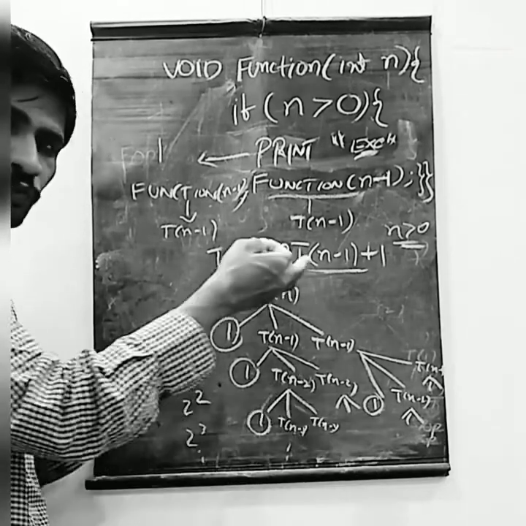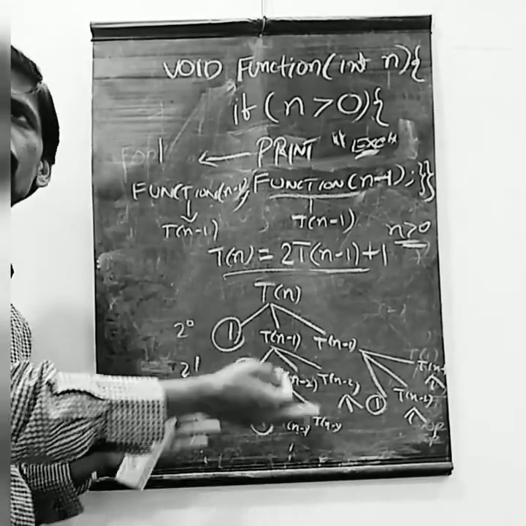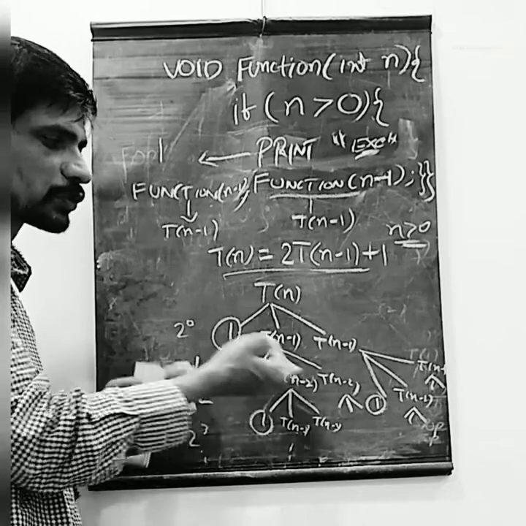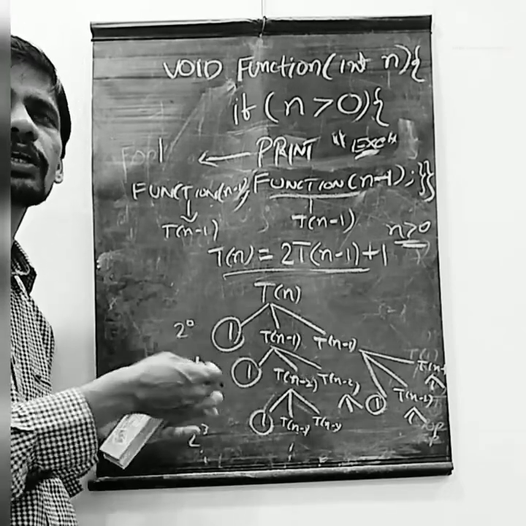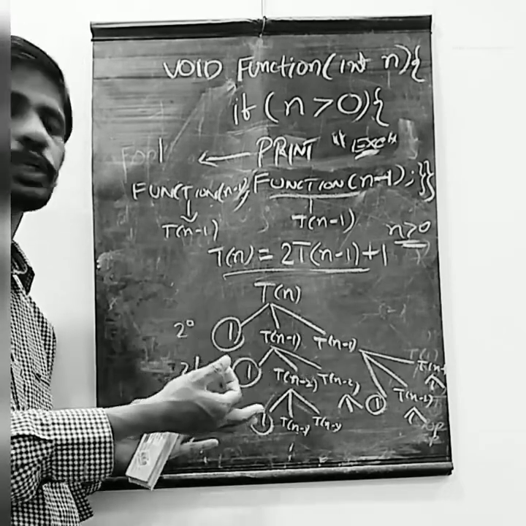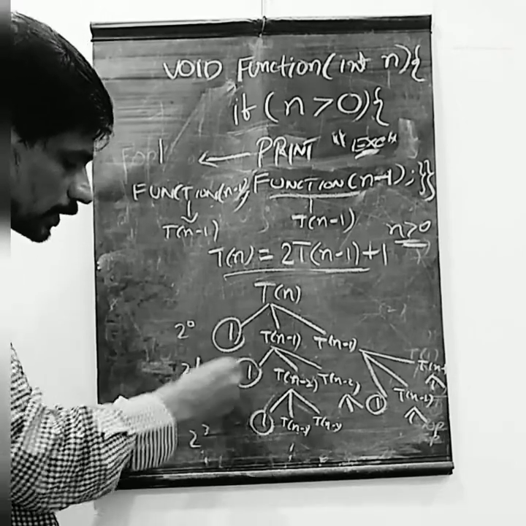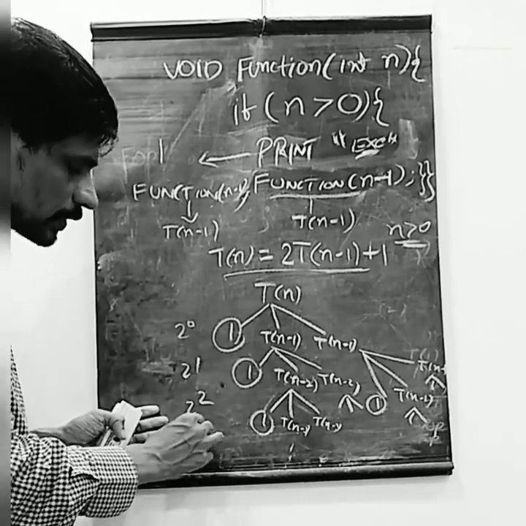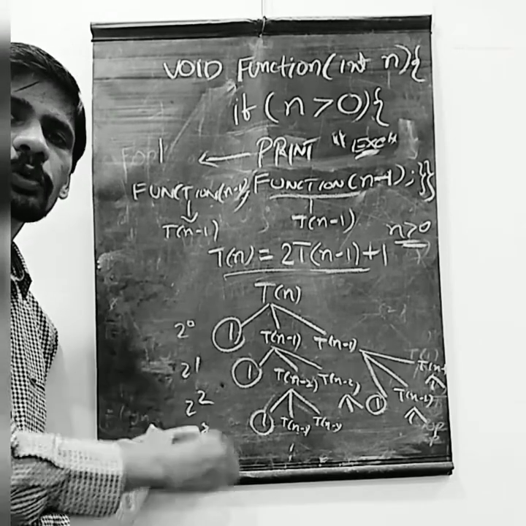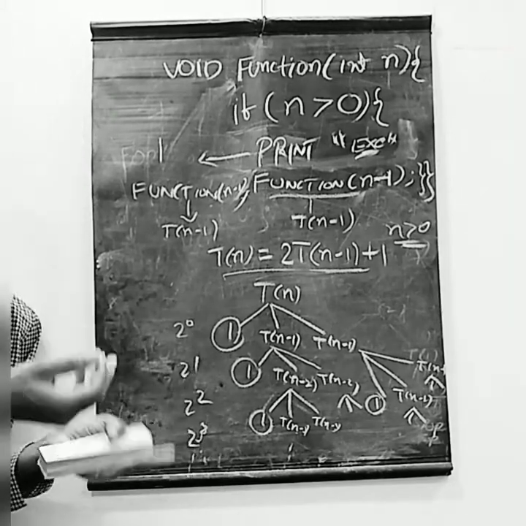Like this it will go on. If you draw it yourself, you can observe. If you have more space, or you can write it down on white paper, you can find the pattern. You will clearly observe it in this fashion: 2 power 3, 2 power 4, 2 power 5, like that.